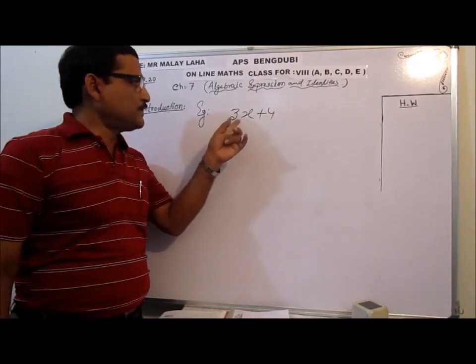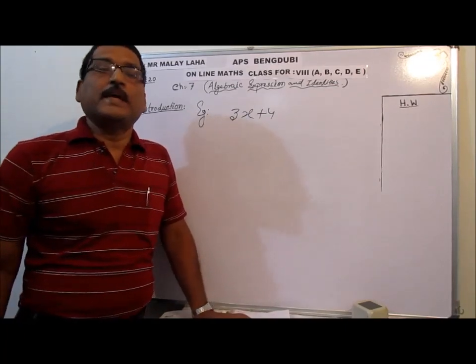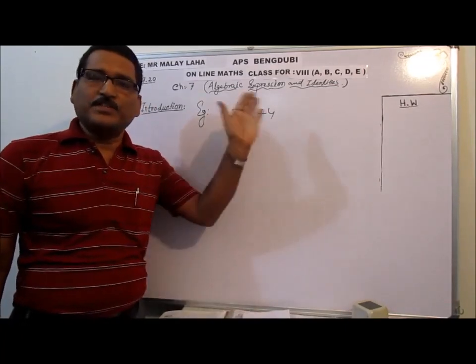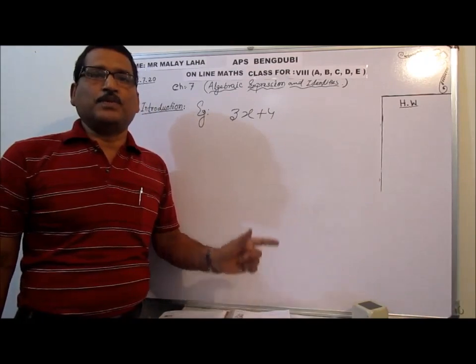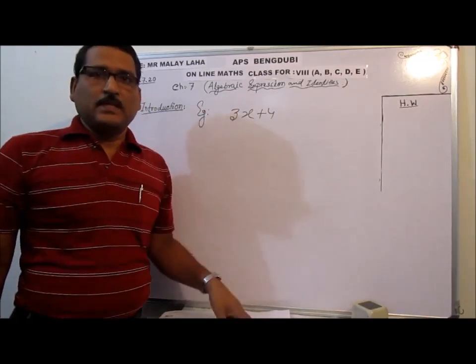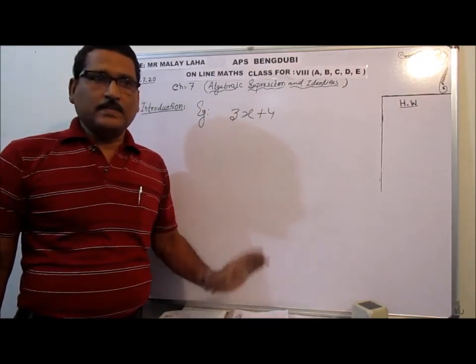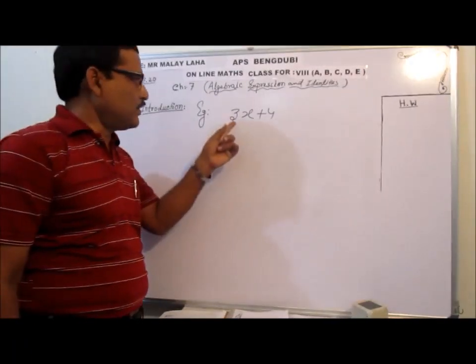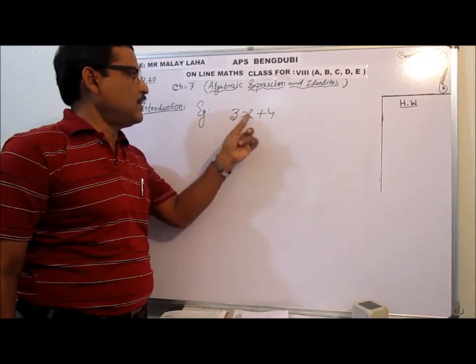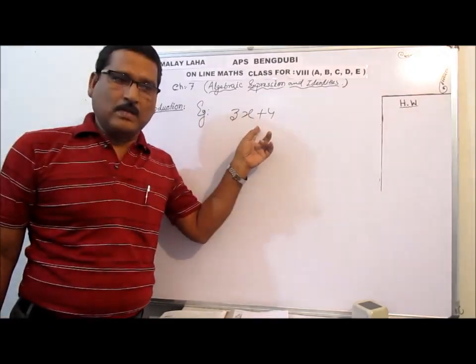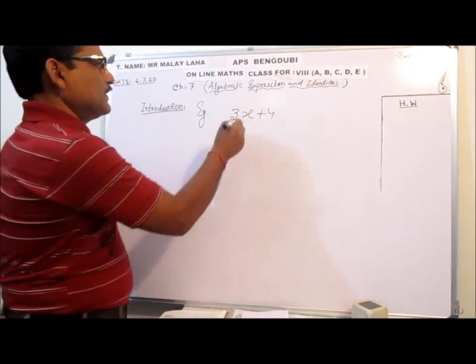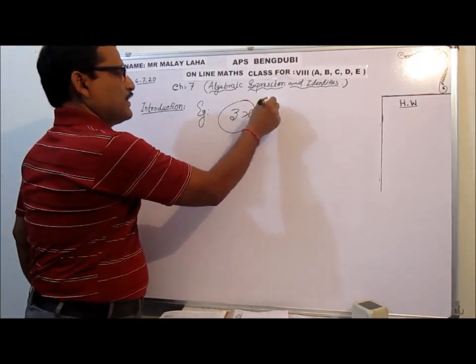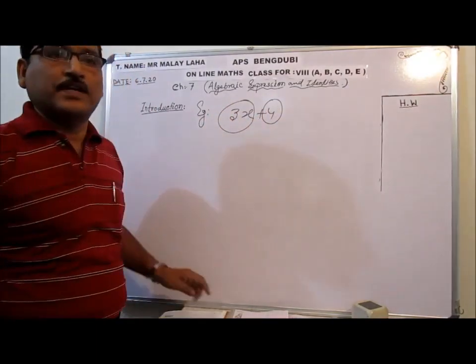Now 3x + 4 is an algebraic expression. The statement I have said, Ram is 4 years more than 3 times his brother's age, I have expressed in a very short space with the help of literal factor, numerical factor and arithmetic operator. Understood?